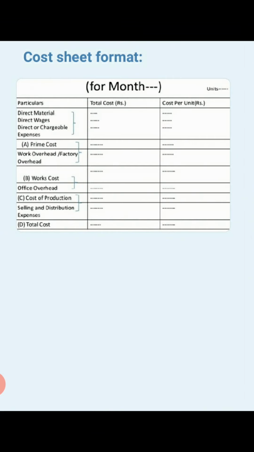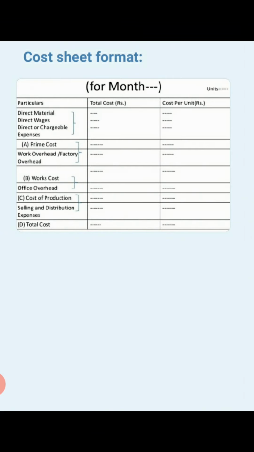In particular, we add direct material, direct wages, direct or chargeable expenses, and after adding these we get prime cost. In total cost we write total cost, and on this side cost per unit.